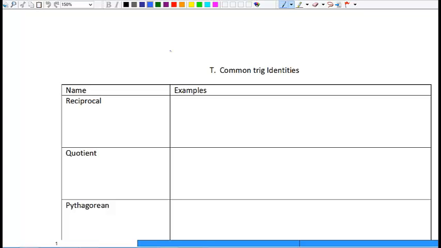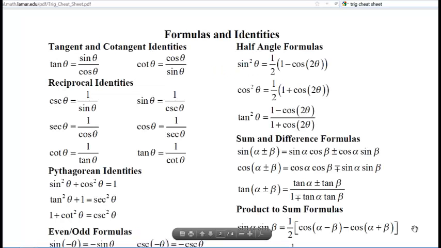And again, this is another flashcard section that I would definitely have handy, because a lot of this you're not going to use, but it does come up on occasion. And it would be nice if you're that kid that raises their hand and goes, oh, I remember this identity in trig. Anyway, press pause now, see how much of this chart you can fill in, and then we'll come back and see how you did.